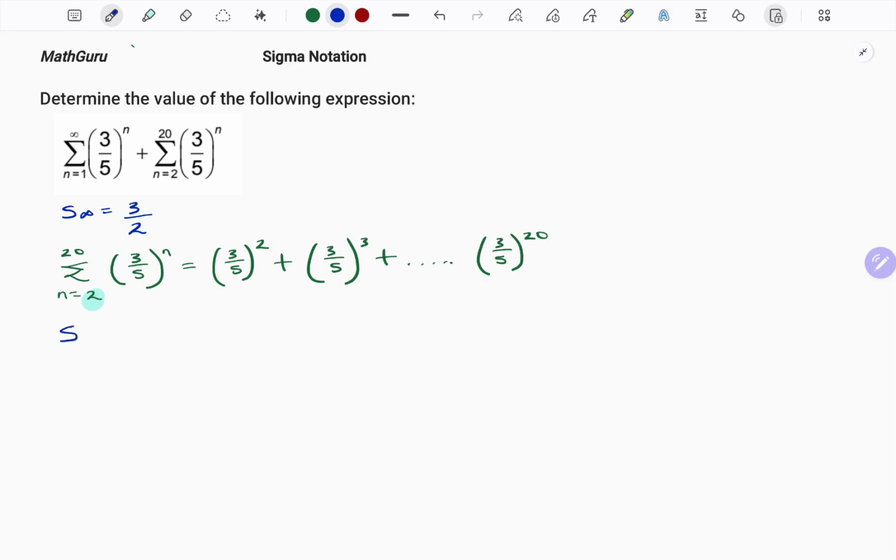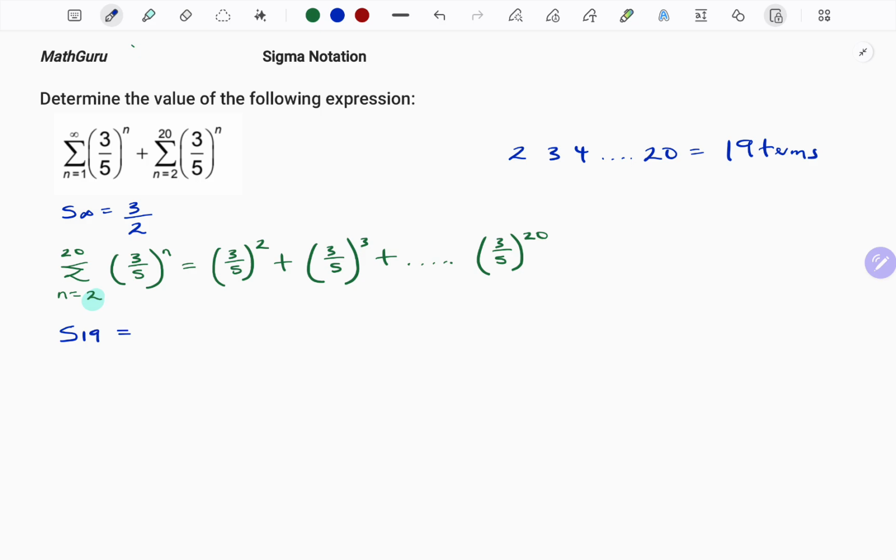Note that because I'm starting at 2 and ending at 20, if I count the terms 2, 3, 4, until I get to 20, I'm going to have 19 terms. So this means I'm not having a sum to infinity here. I'm having the sum of 19 terms.